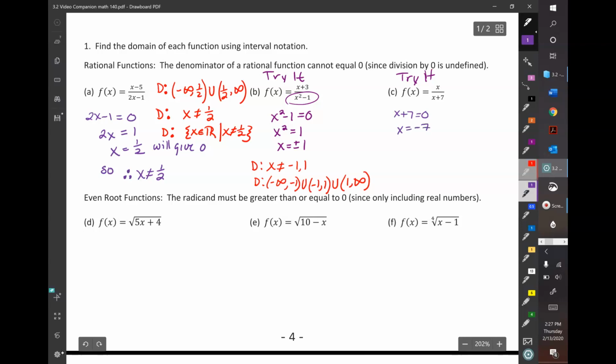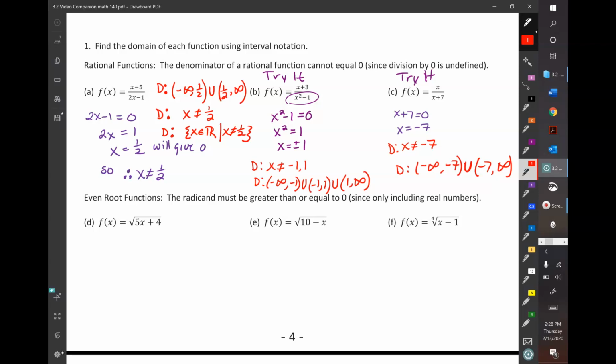So I don't want x equal to negative 7, and I can write my domain in interval notation, negative infinity up to negative 7, and then negative 7 to infinity. So I have to put my union symbol in between.